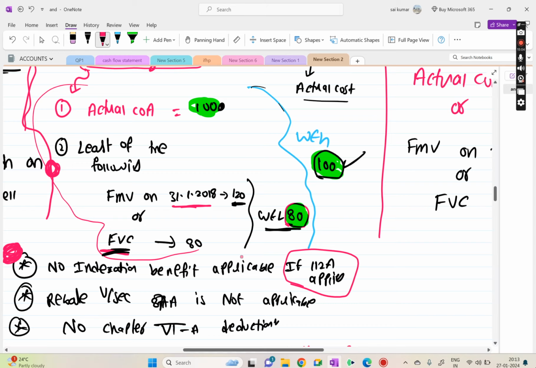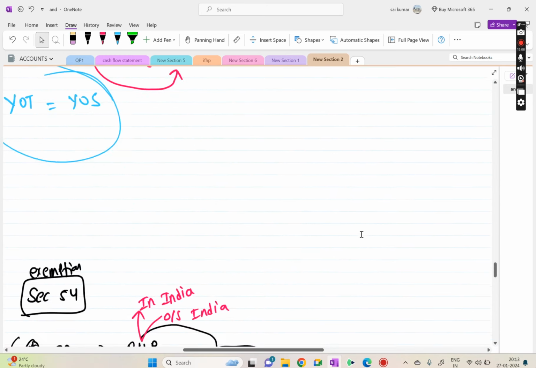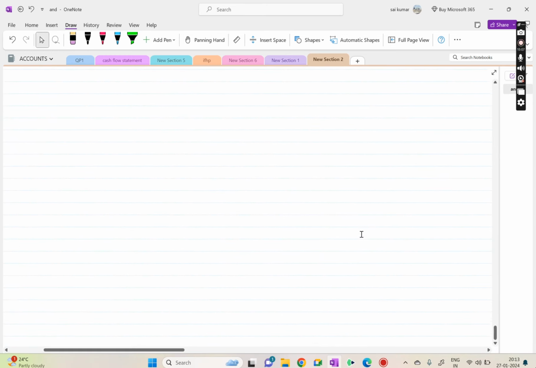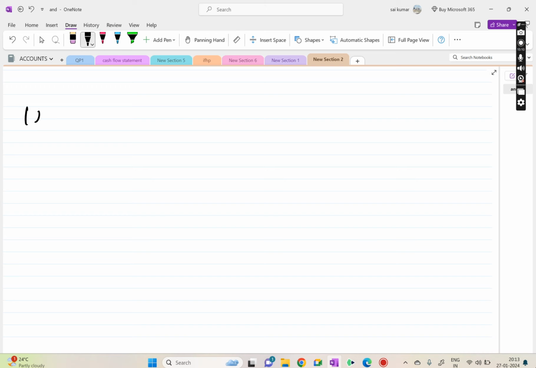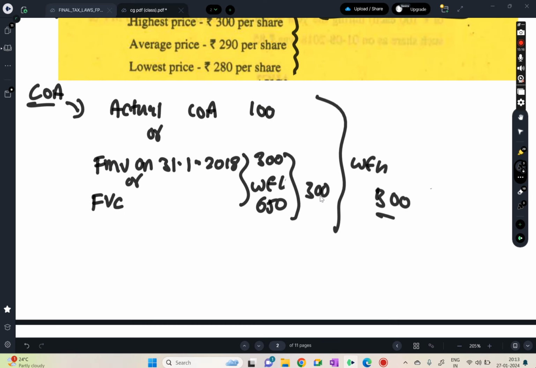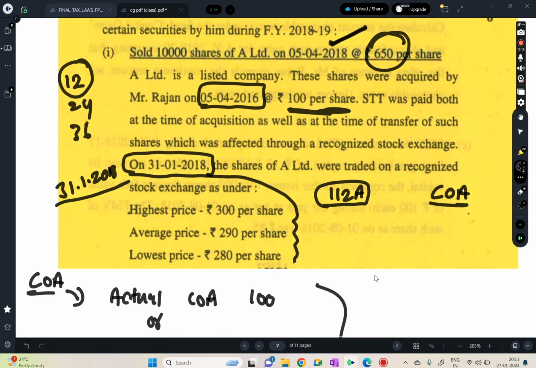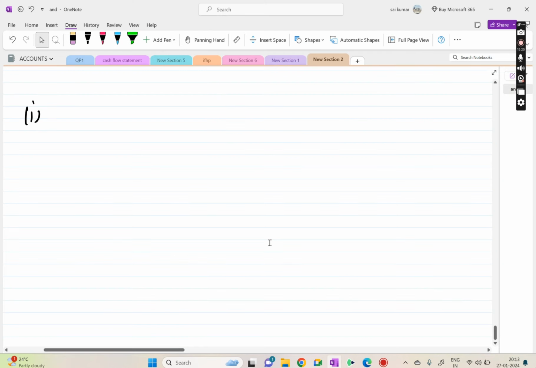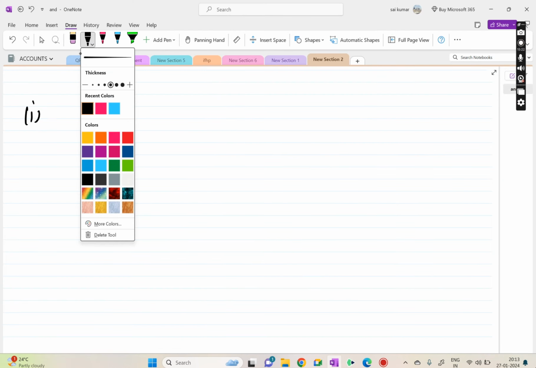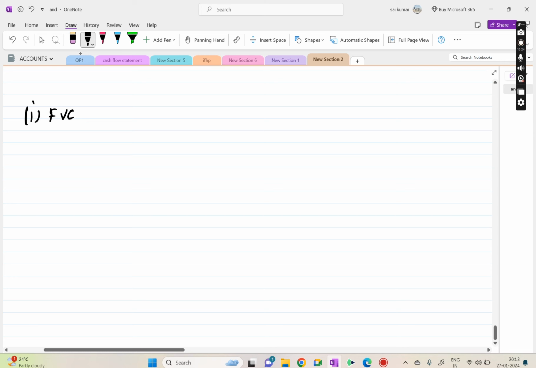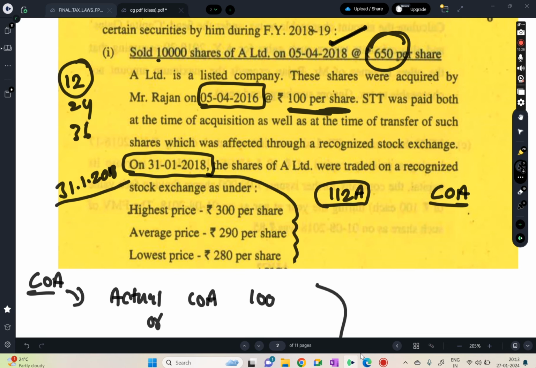Now let's follow the format we normally write, for question number 5. Full value consideration is equal to, if you see how many shares we have, 10,000 shares, and we sold them at 650 per share.